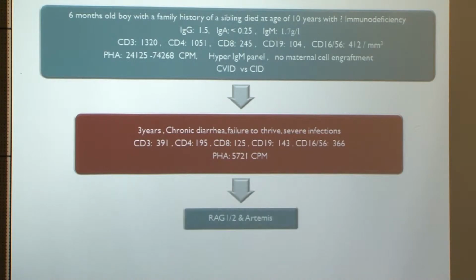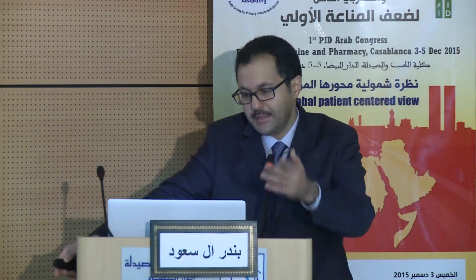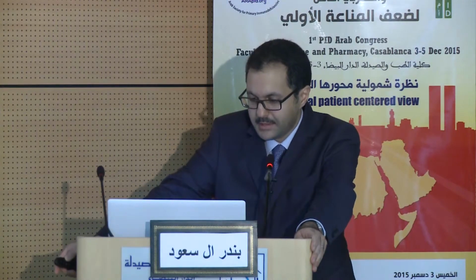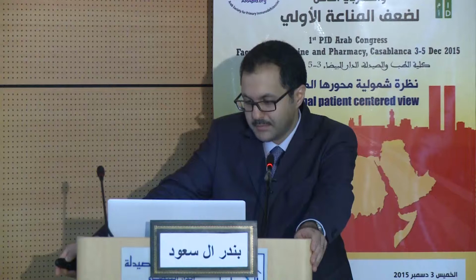So this was found to be RAG1, RAG2, or Artemis, and it was a case of Artemis. So those patients can present with manifestations which become more severe later in their life. The genotype-phenotype correlation in Wiskott-Aldrich was the most studied and showed that there is a clear correlation comparing nonsense mutations with missense mutations.